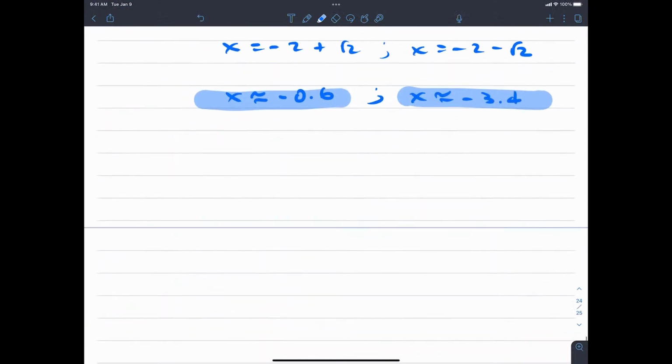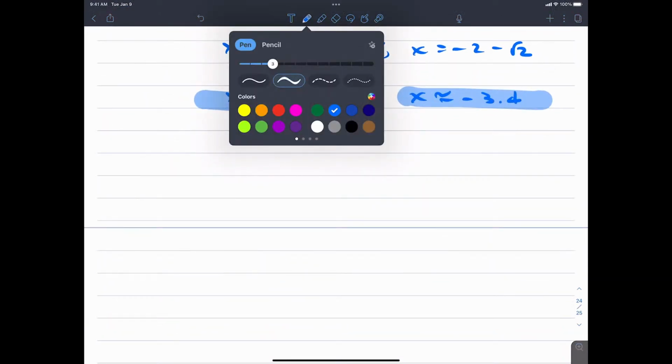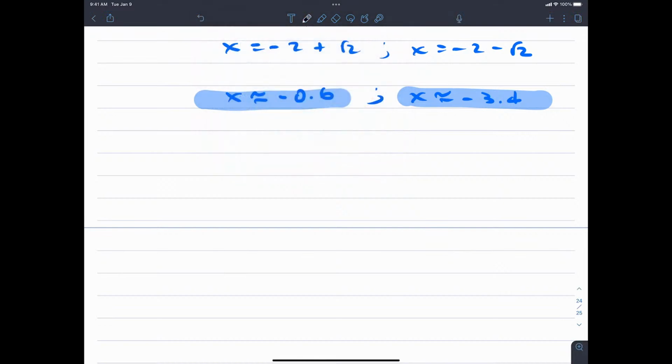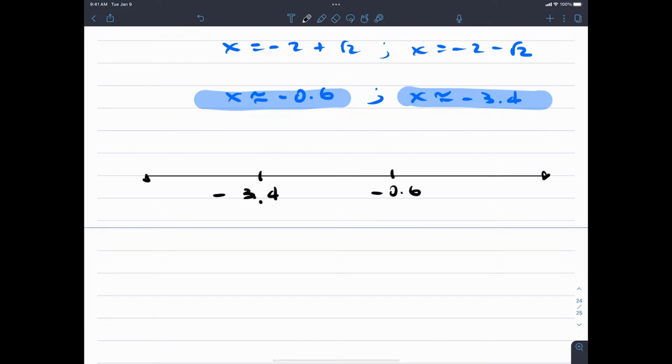So, just to kind of help set you guys up for your sign analysis, what do you have first? It looks like you're going to have 2 points here, right? Negative 0.6, negative 3.4 here. Second derivative is 0, ladies and gentlemen.